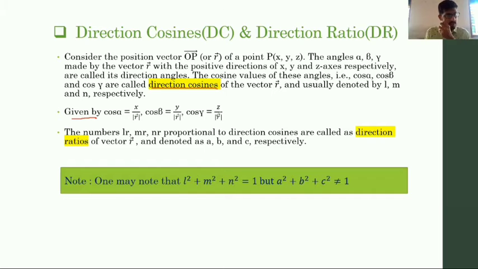Numbers proportional to the direction cosines are called direction ratios of vector r, denoted as a, b and c respectively. An important note: l square plus m square plus n square equals 1, but a square plus b square plus c square does not equal 1.